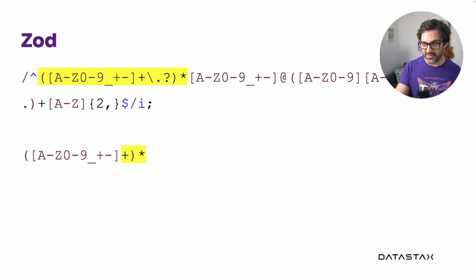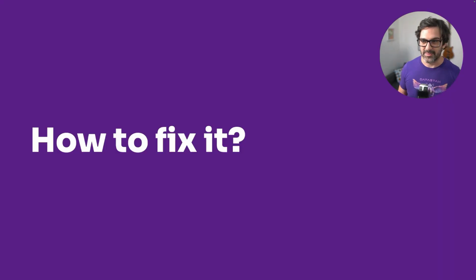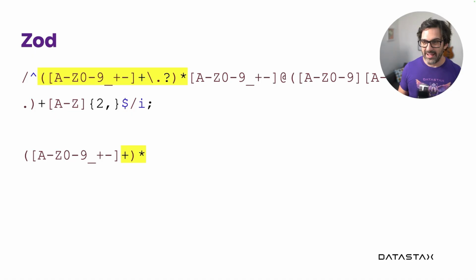This is not dot stars, this is plus and a star, but it's causing the same issue where, as you go through the string trying to match things, you can make many different combinations, many different permutations of the letters that get matched by this regular expression. Overlaps like this are an absolute nightmare.